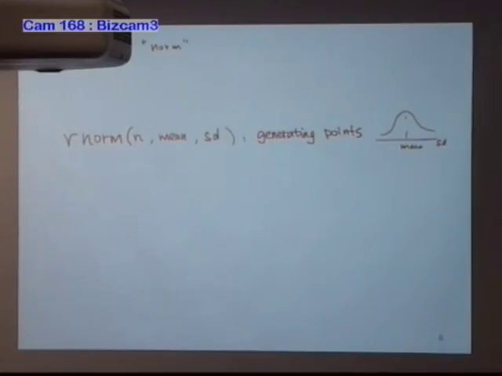Then R will just generate a bunch of points for you. So this is the r function; r means generating the data points. Later you will see that if you replace norm with something else, like pois for Poisson, or binomial, it works the same way.